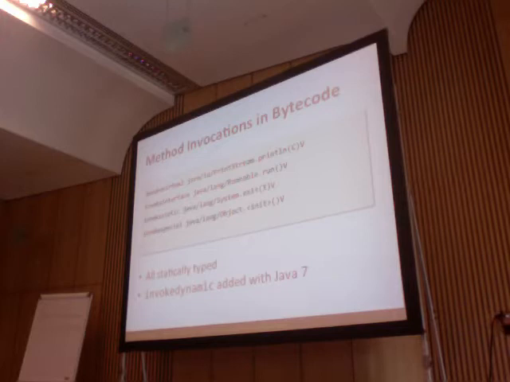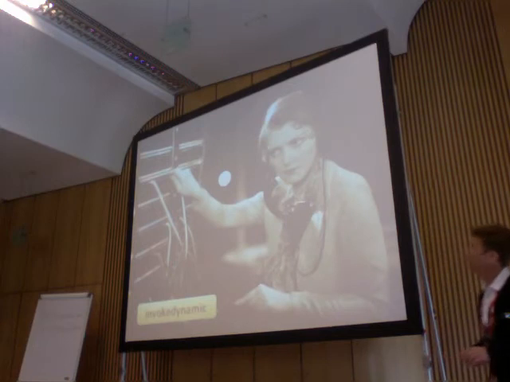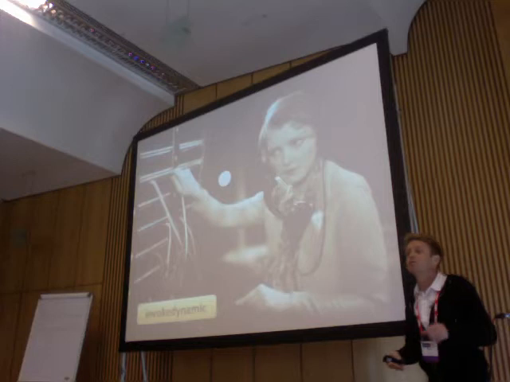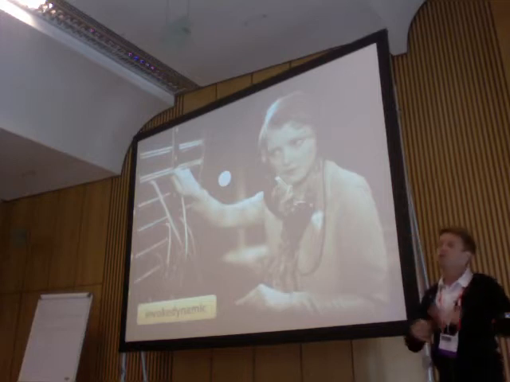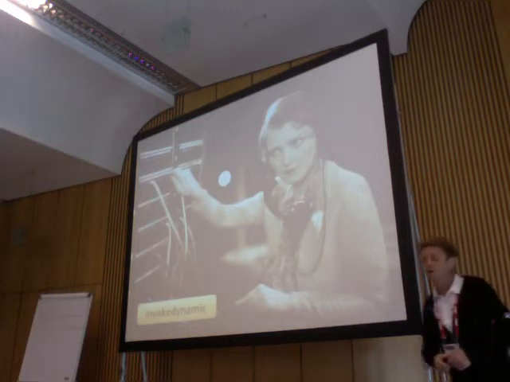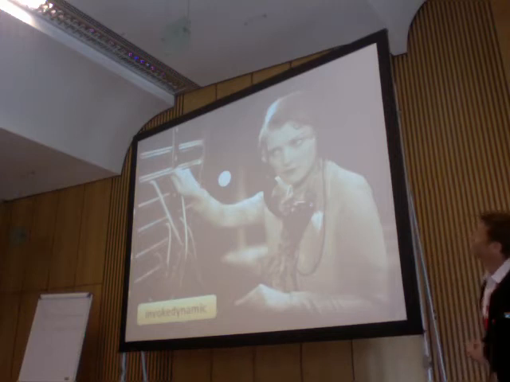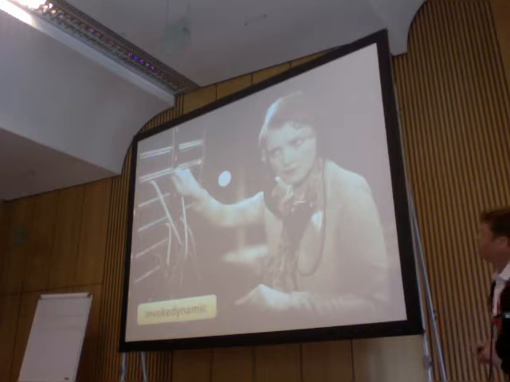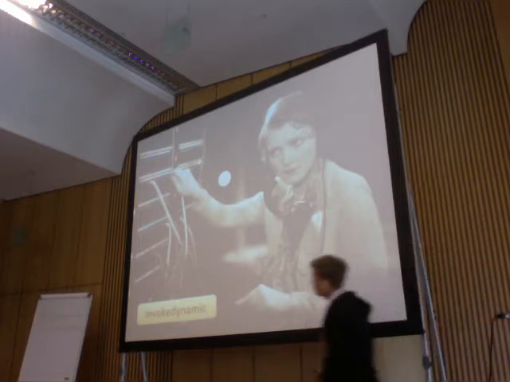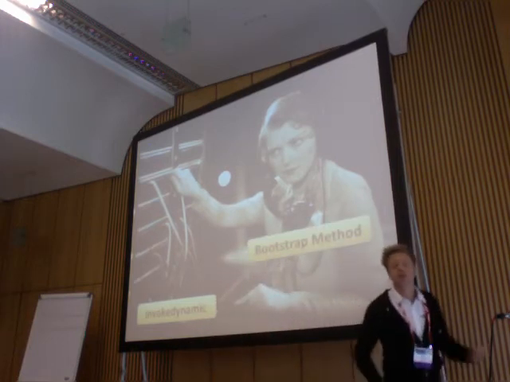To make a short demonstration of how invokedynamic works, I picked that picture. Invokedynamic adds a new level of indirection when you call a method, like a DNS server. First you query the name, and then you get the particular implementation, the IP address of the target host you want to connect to. Because I didn't find a nice picture of a DNS server, I used the telephone operator here. This is how you used to initiate a call. If you want to make a call, you do invokedynamic and ask the operator to connect you.